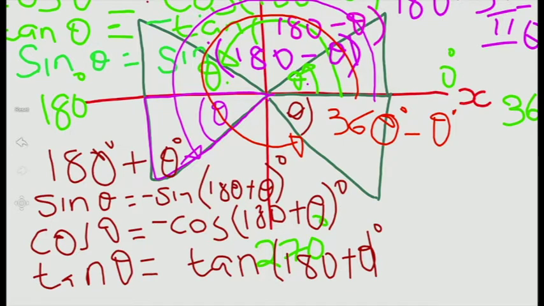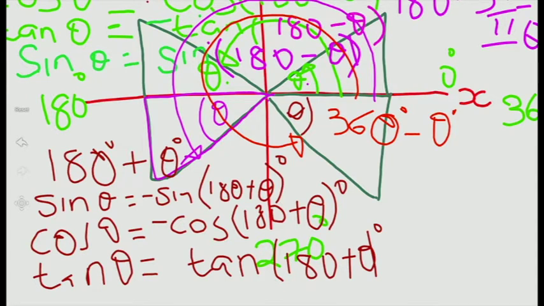The trigonometric ratios will have the same values: the same value for the cosine, the same value for the sine, and the same value for the tangent. The only difference will be the sign. Which trigonometric ratio is positive in the last quadrant, the fourth quadrant? We have positive x-axis, we have negative y-axis. Tangent is opposite over adjacent. The opposite would be the y, which is negative, so tangent is negative.